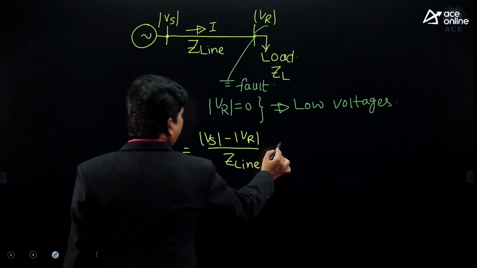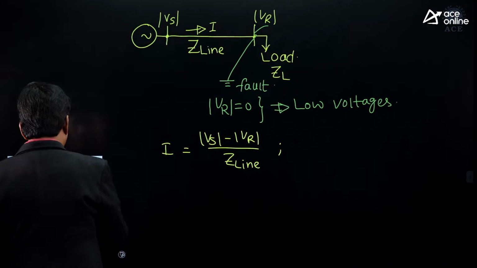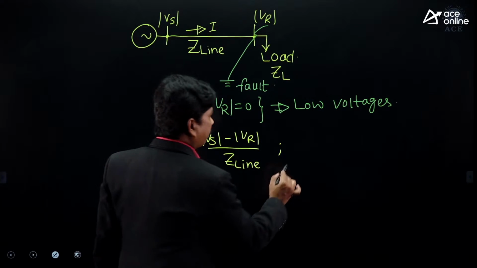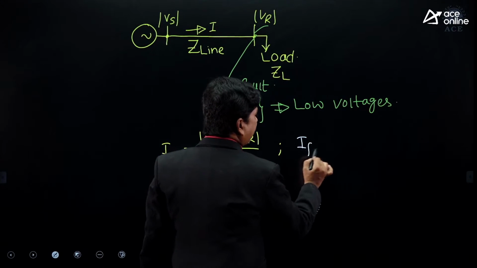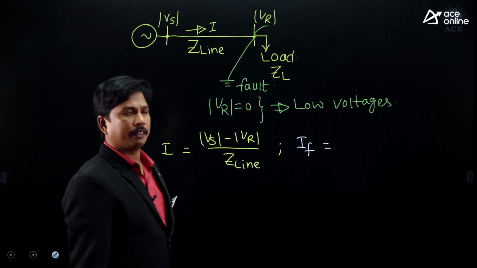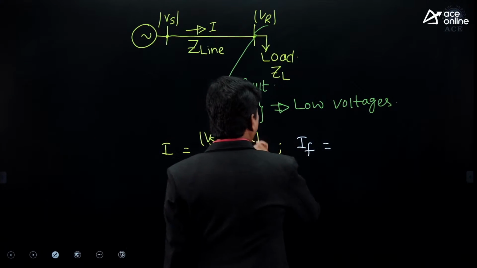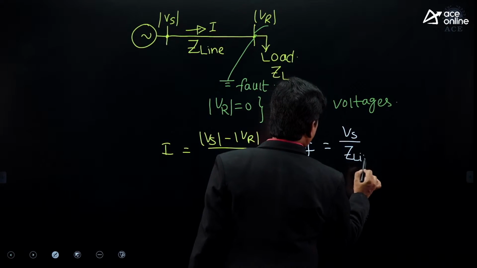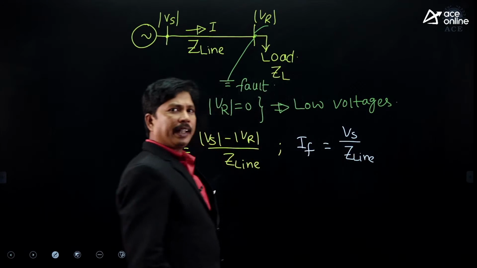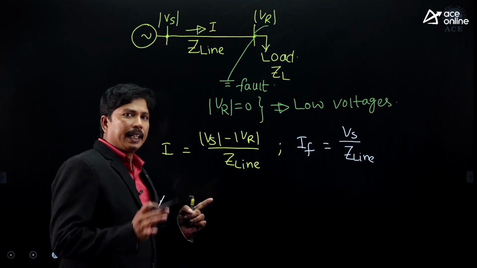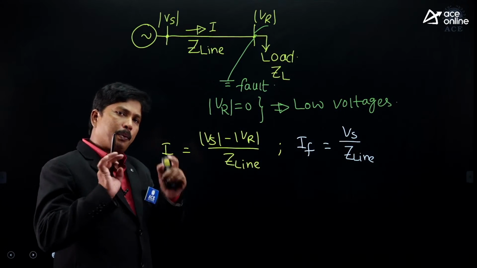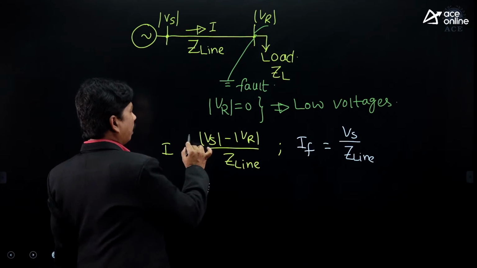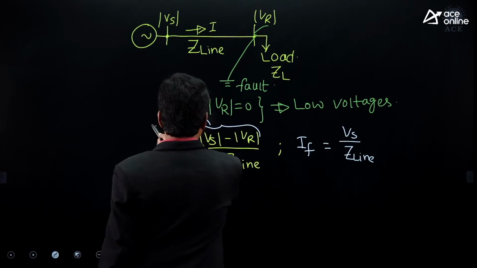And whenever you calculate the fault current after the fault, IF is equivalent to, as VR is 0, Vs divided by Z line. The difference between sending end voltage and receiving end voltage is very small, that is the voltage drop in the line.